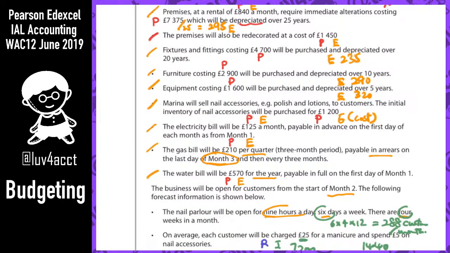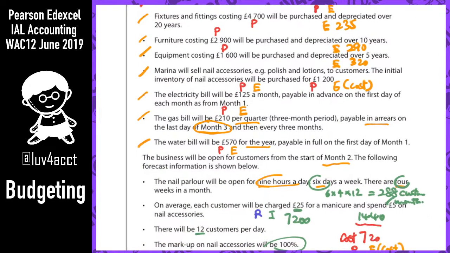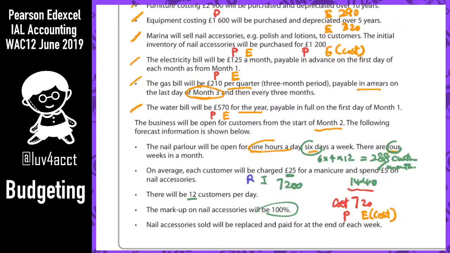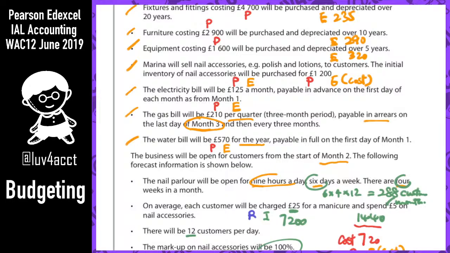Next will be the purchase of nail accessories. We have two parts. The first part will be here, 1200. Where is it? Too many items. Okay, 1200.